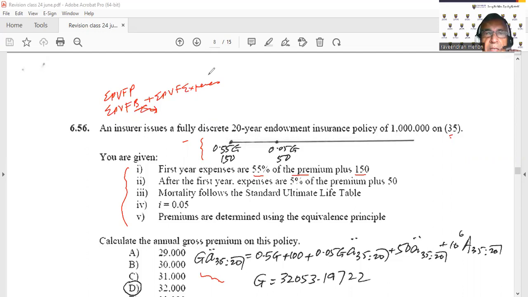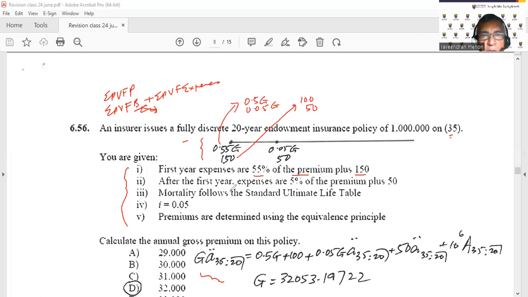So now that we've dealt with that, this 0.55G, I like to write it as 0.5G plus 0.05G. This 150, I want to write it as 100 plus 50, so that I can write my annuity functions without any problem, right? So the expected present value of your future expenses.